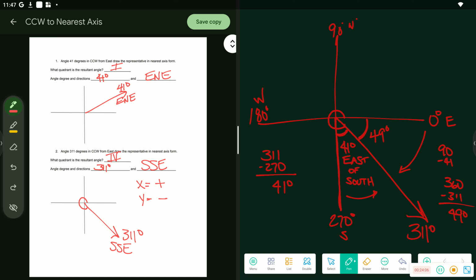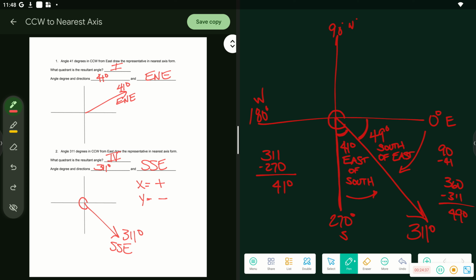If you're going from east this way, which way are you moving? You're moving to south, okay? So you're 49 degrees south of east.